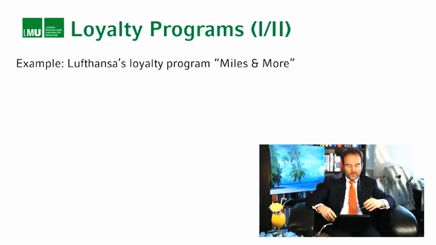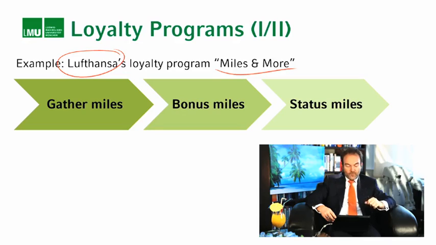One of the mechanisms of trying to get consumers to stay with you are the loyalty programs that I mentioned. Now, let's have a close look at one particular loyalty program. That's Lufthansa's loyalty program, Miles & More, which is, of course, part of the Star Alliance. So how does that work? Well, you gather miles, you accumulate bonus miles, and you accumulate status miles.